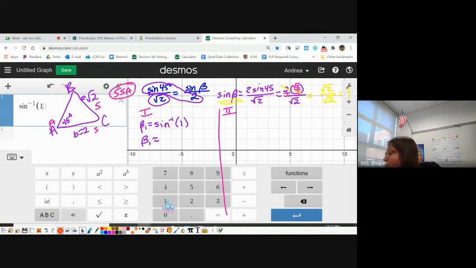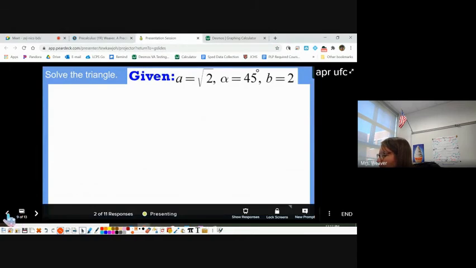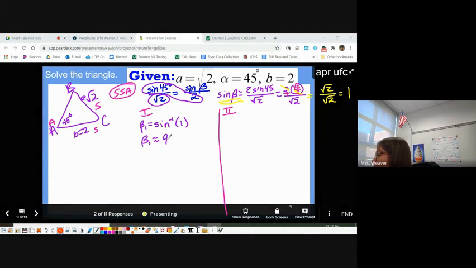Sine inverse of 1. And what is the sine inverse of 1? 90 degrees. This is our one right triangle option. So our first option for beta sub 1 is 90 degrees.